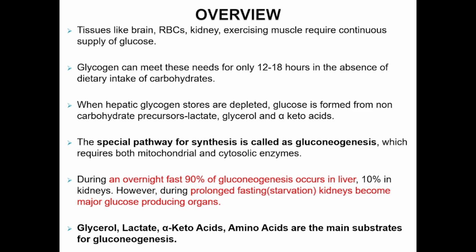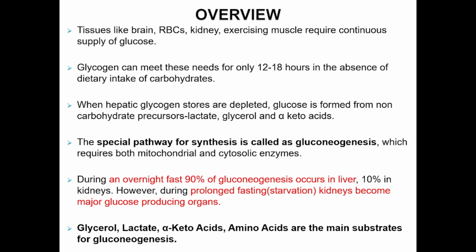The body starts to destroy the tissue, the muscle, and that's why people with malnutrition or starvation become wasted. They become very thin because of the destruction of muscle to get amino acid, and then the amino acid is converted to glucose.